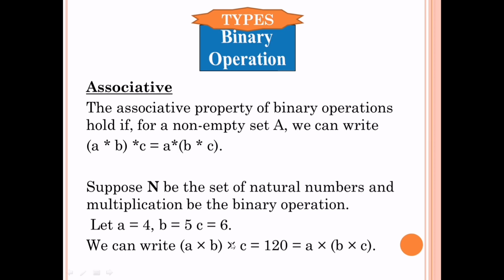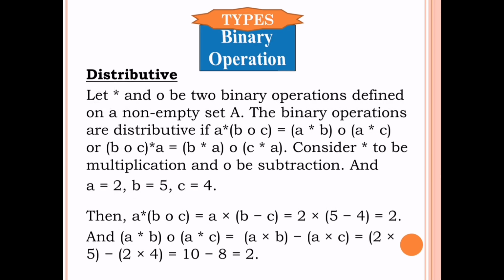The same if we regroup: 5 times 6 is 30, times 4 is still 120. That makes them associative. As you can see, the regrouping of the multiplicands or multipliers gives the same product. So that is the associative property under multiplication.